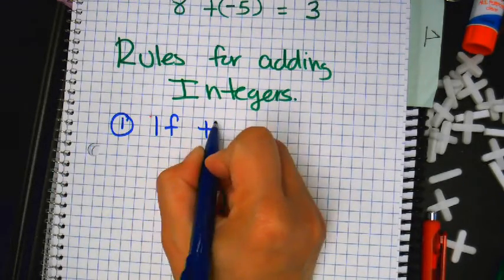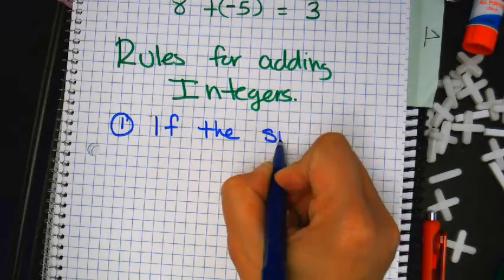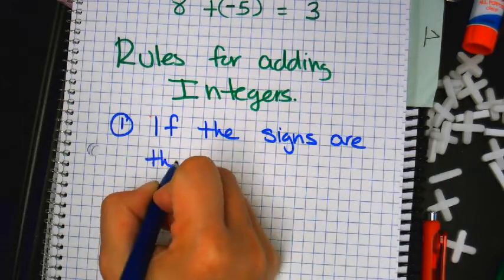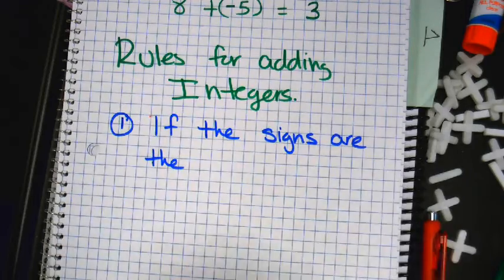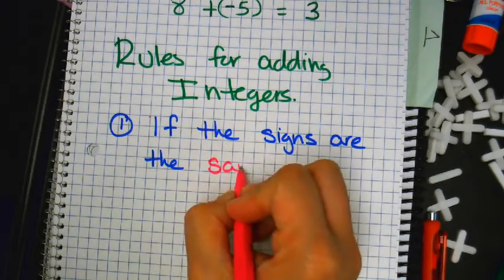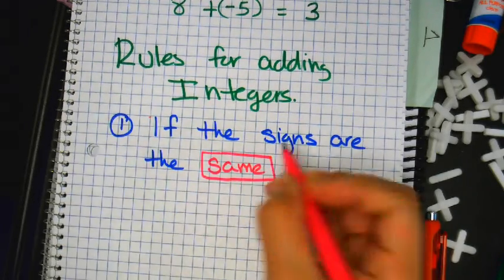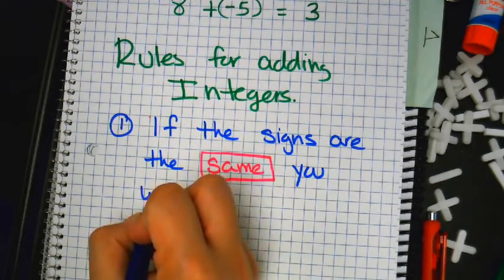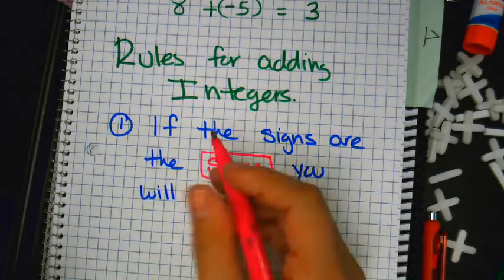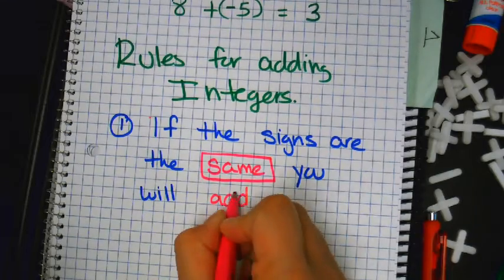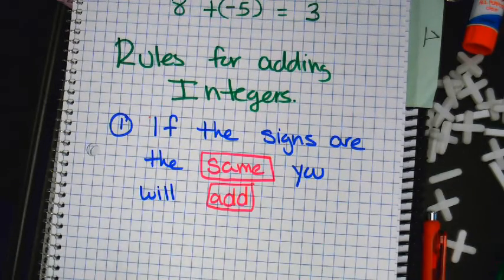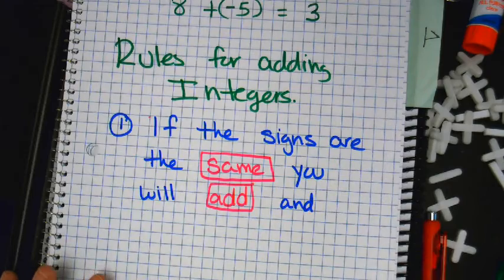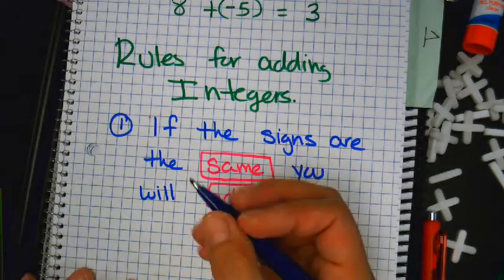Okay, number 1. If the signs are the same. So what do you do if the signs are the same? You just add. You will add, and what do I do with the sign?